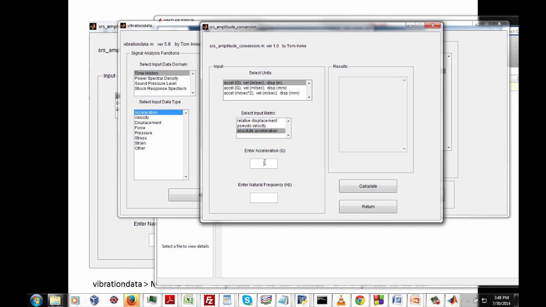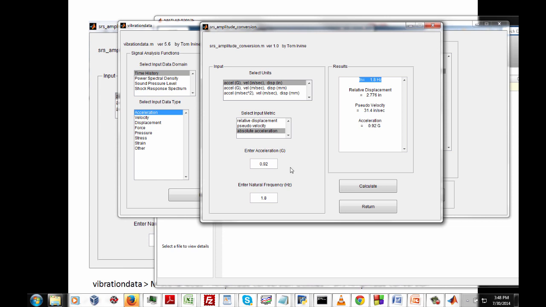Our absolute acceleration, and this is our response acceleration, was 0.92 g at 1.8 hertz. So what's the corresponding relative displacement? What's the corresponding pseudo velocity? So you can see at 1.8 hertz, the peak relative displacement is about 2.8 inches. The pseudo velocity is 31.4 inches per second.